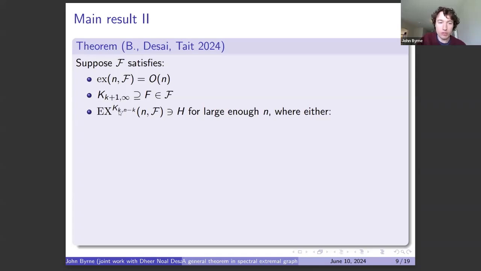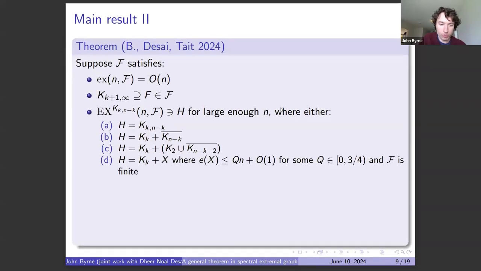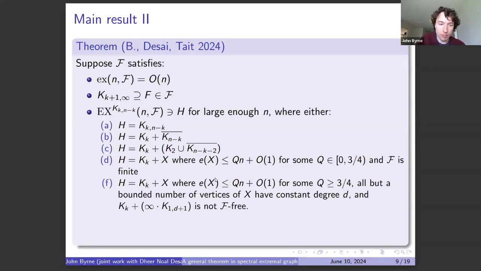And then we ask how many edges you can add to K_{k,n-k} without creating a copy of any forbidden subgraph. And we assume that one of the graphs in this extremal family for that problem must be one of 6 forms. I only list 5 here because one of them has a weaker conclusion, so I did not want to clutter the screen.